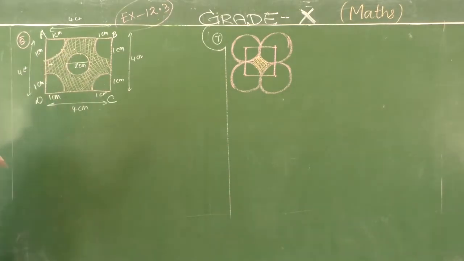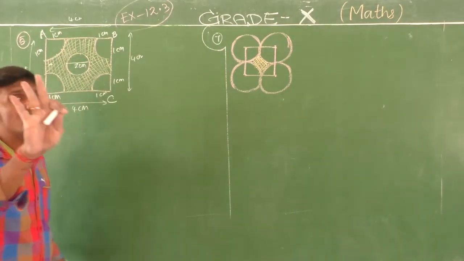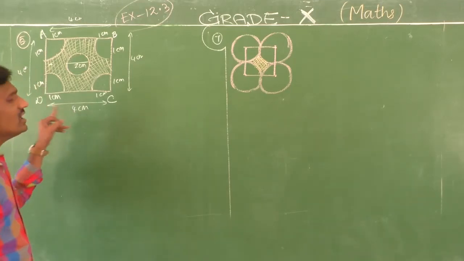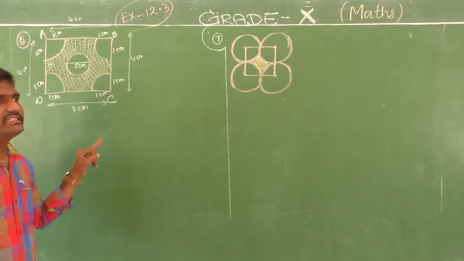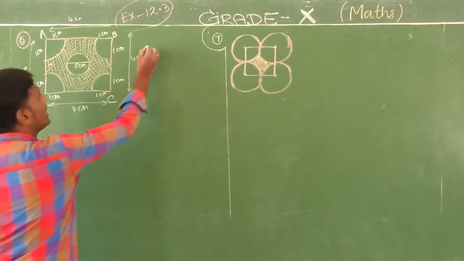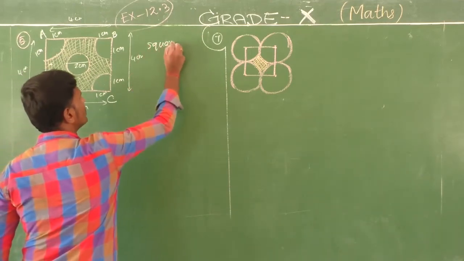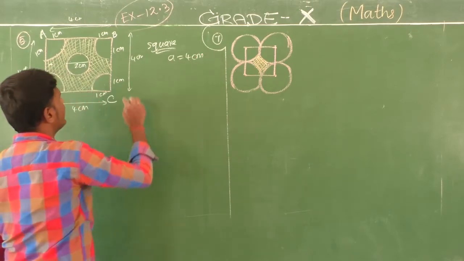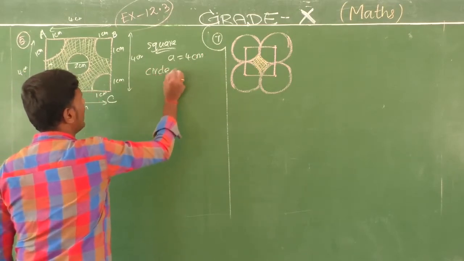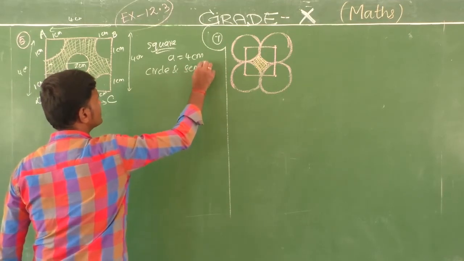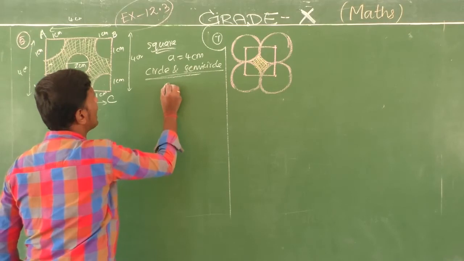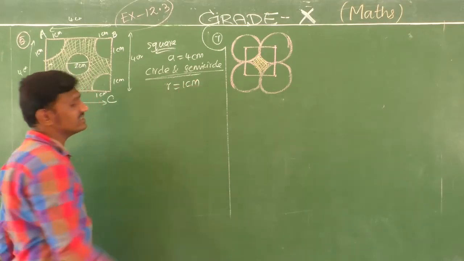Now students, listen carefully. You have 3 shapes here. First one is a square with side equal to 4 centimeter. Then the circle and quadrants also have radius equal to 1 centimeter.